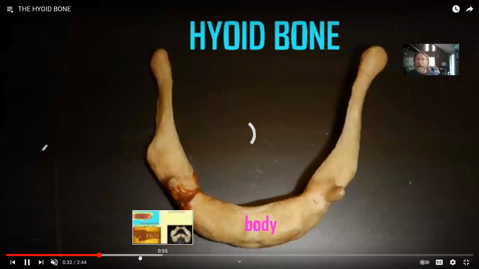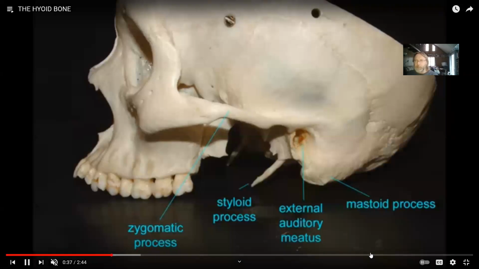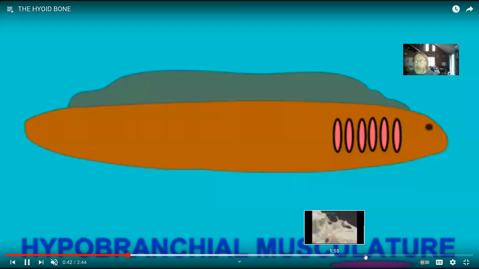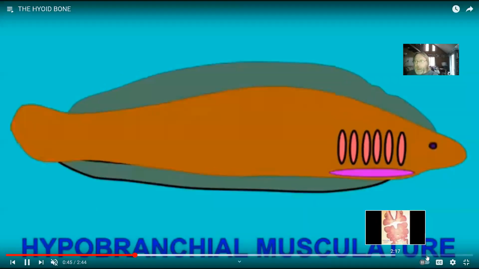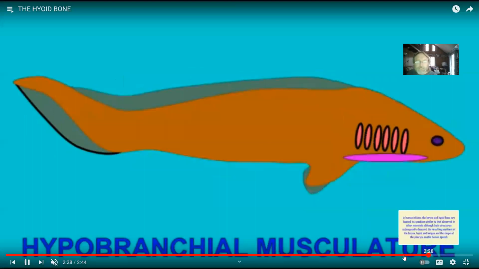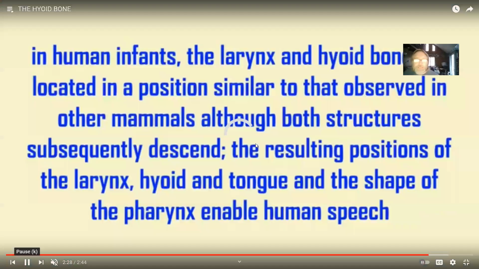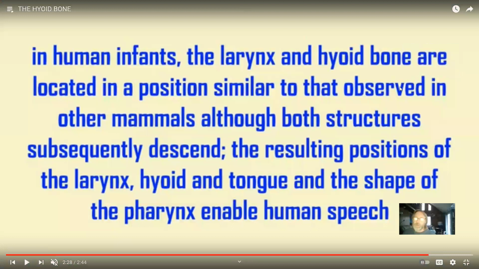form. Now, once again, it's important for speech. It hangs from the styloid process of the temporal bone. Once again, that's the part of the temple from the splanchnocranium. And one of the interesting things is, if you ask, how is it that humans have speech, whereas gorillas and chimps don't?